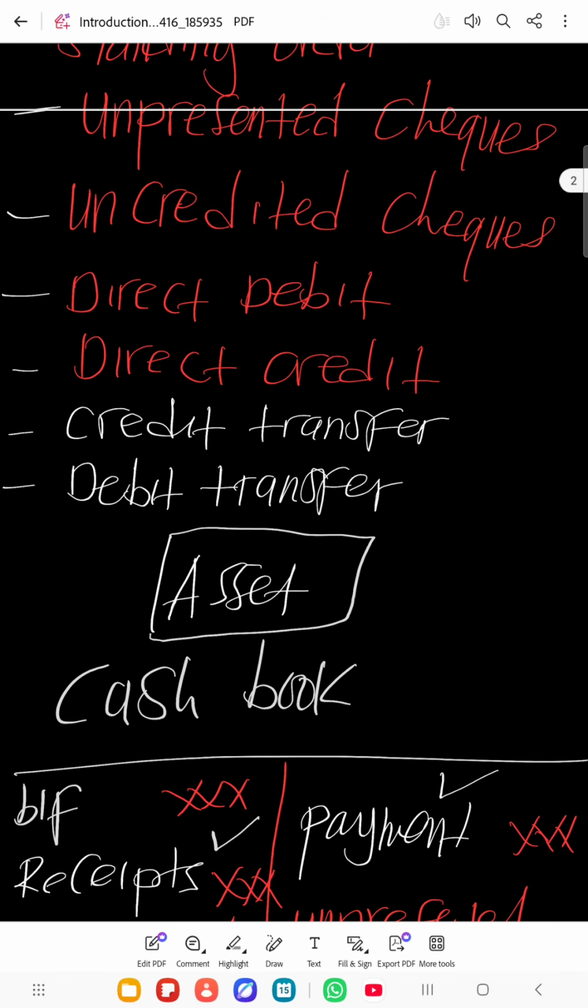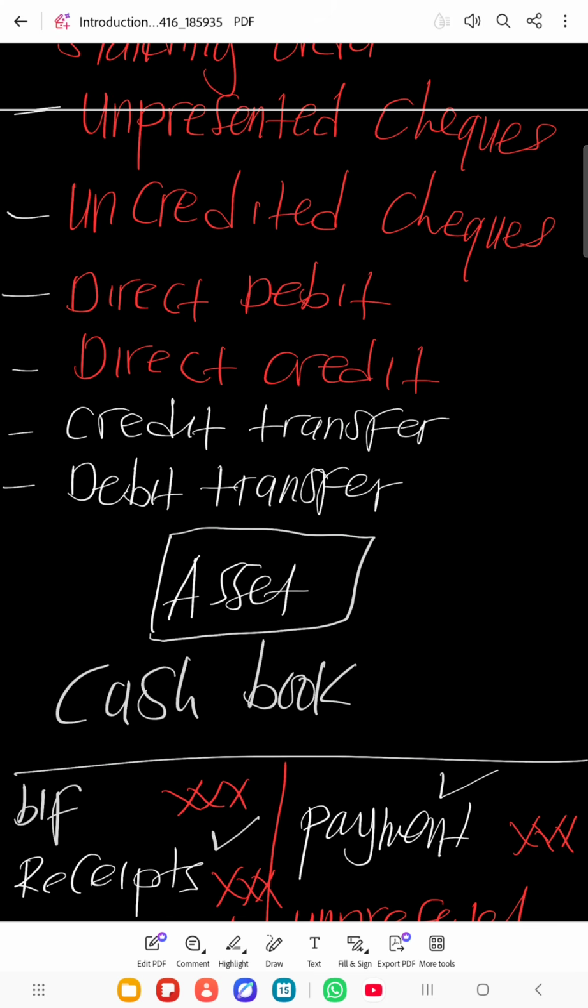And then you also have direct debits, direct credits, and credit transfer, debit transfer. They are just direct transactions between your bank and the customer's bank or the supplier's bank. On the direct debit, it's you paying from your bank to your supplier's bank.